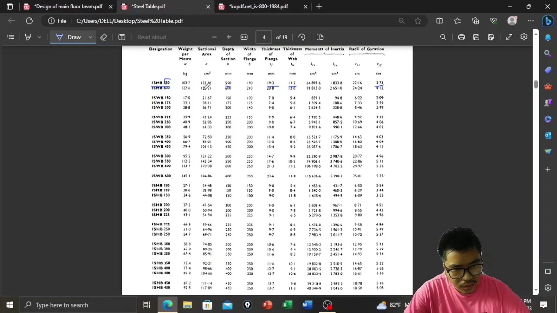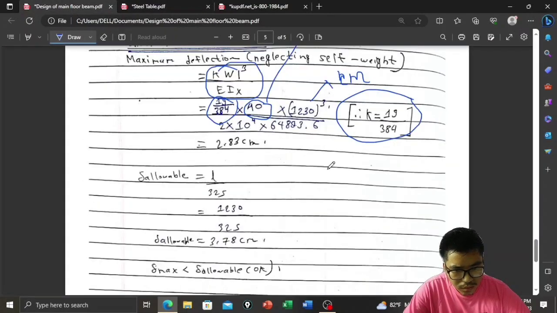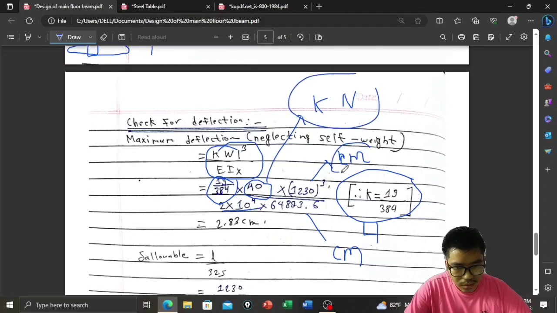IX is 64893.6 centimeter power 4, so this must be in terms of kilonewton and centimeter.